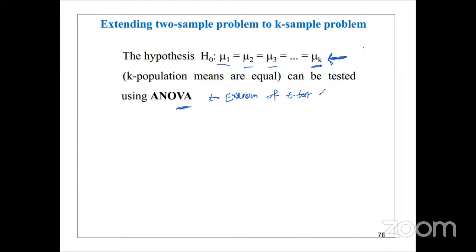In the t-test, two populations are there, population 1 and population 2. Two populations you are comparing, but in ANOVA, you can test k populations. Plenty of researchers are coming across these situations and they are using ANOVA, but ANOVA should also be used carefully.